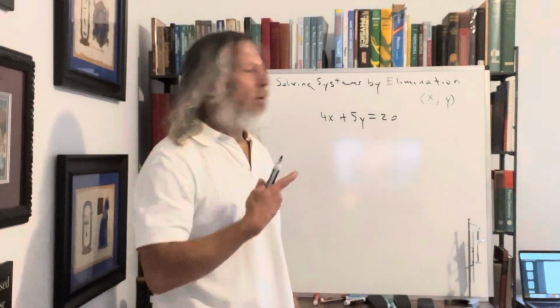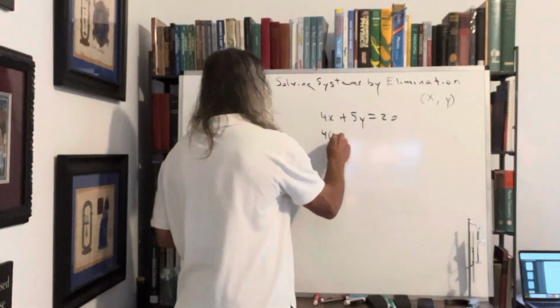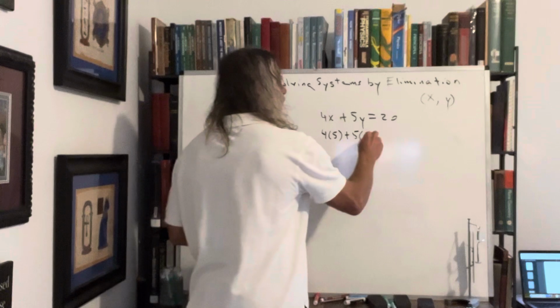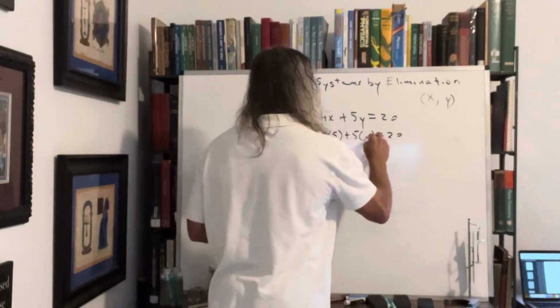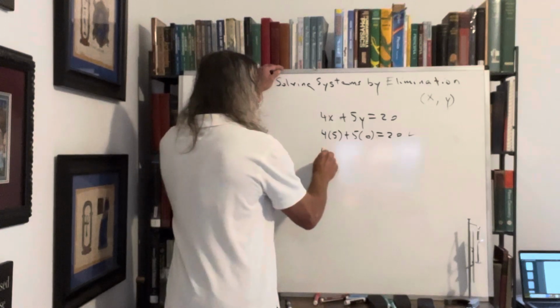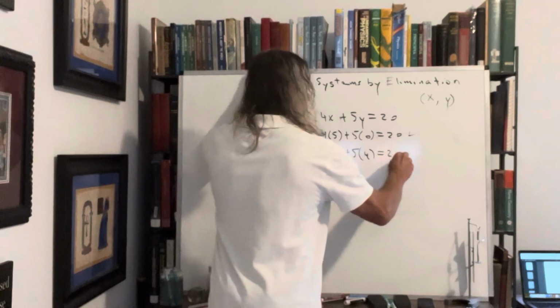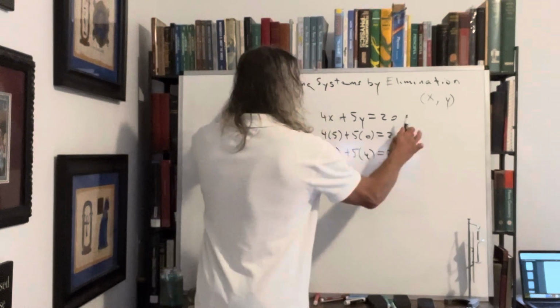If you have one equation with two letters, x could be 5, y could be 0, and it works. X could be 0, y could be 4, and it works.